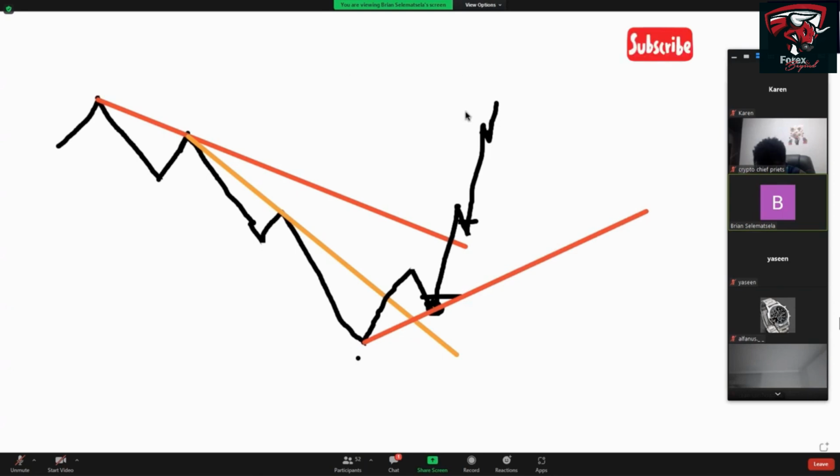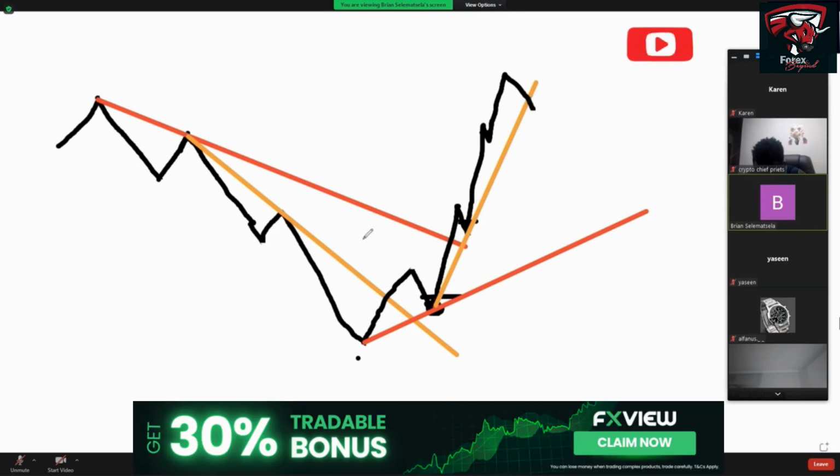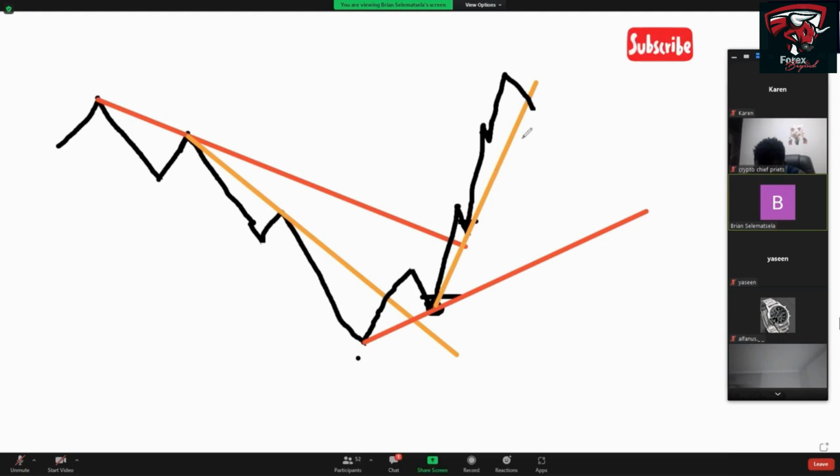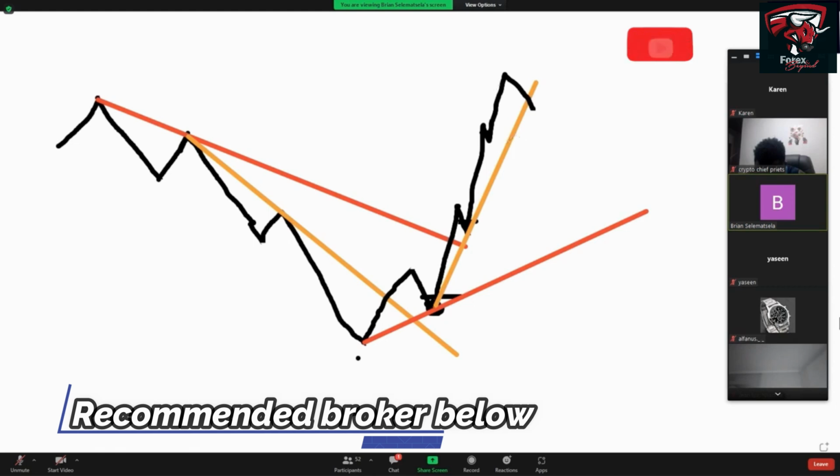In this case, if the first layer line is broken, let's say here, immediately when the market breaks it, as I've told you, the first layer line shows that the market is about to go into the opposite direction. So there'll be no need for you to keep holding the buy trade while the market is telling you that it is about to go down. That's how we close using the first layer line. Does that make sense?